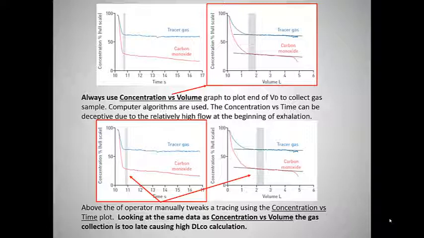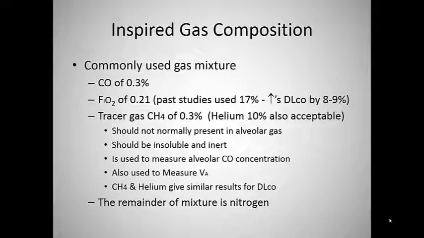If you use the volume here to clear it, it looks like you kind of got the same point here, where the slope is changing from the dead space. But here, if you just tweak it a little bit, and then you look at the volume, see how much you missed it by. This is why you should be using the volume to mark it. If you just try to tweak it a little bit on this one, it can be off by quite a bit here. And that's why they recommend you use the volume one in order to do that.